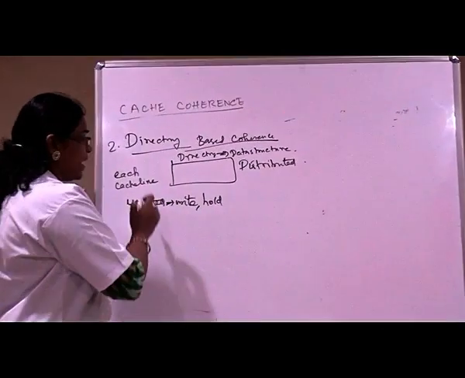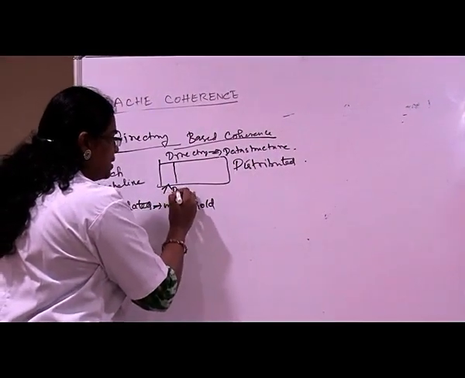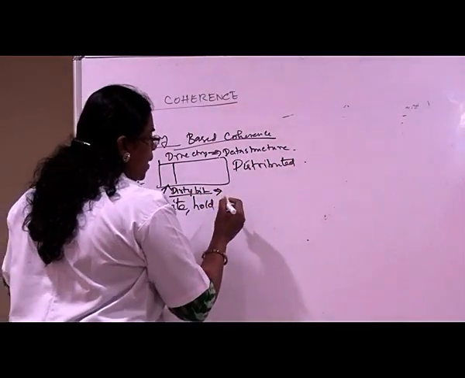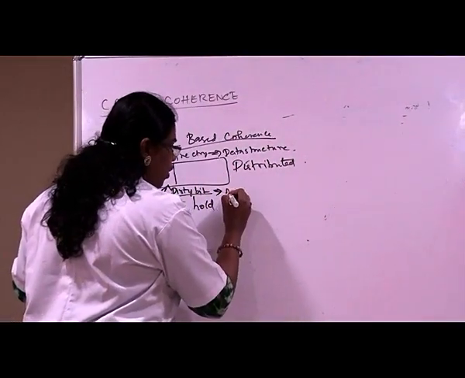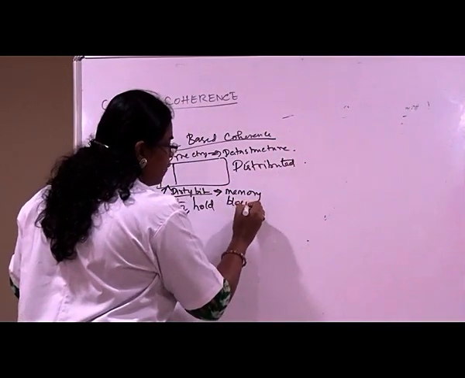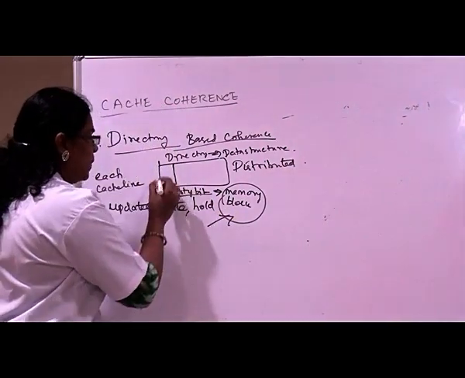The directory is a data structure. Initially, the first bit of the directory is called the dirty bit. It is referencing a memory block. Whenever I write to that memory block, this dirty bit will be set to 1.